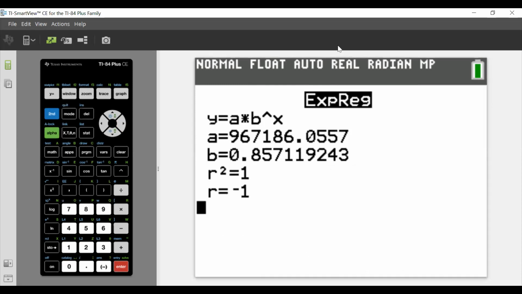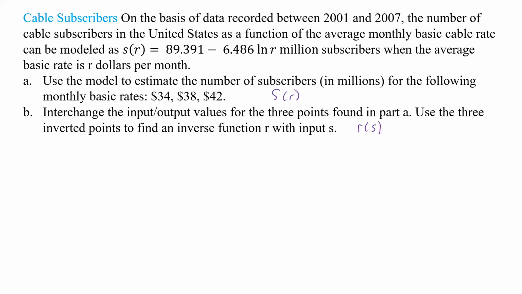And so let's go ahead and write down what we have. So, all right, our first one, we had our table and we had the rates, and we had the subscribers in millions. And so the rate was 34, and these are dollars.